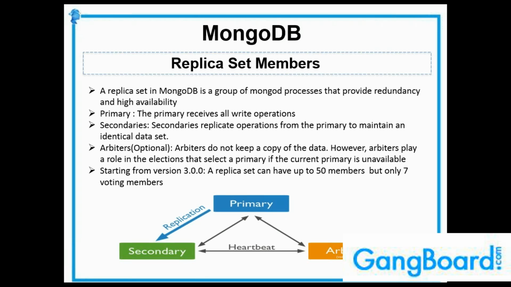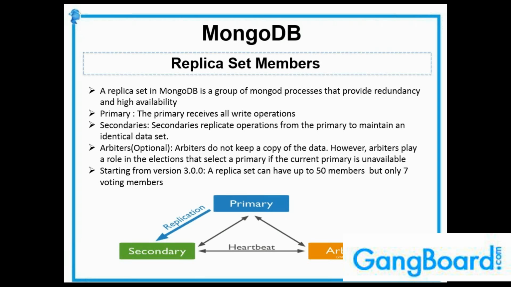It doesn't need memory and it doesn't need a data directory. It's just a dummy instance running in the web server. If the primary goes down, it will participate in voting. You can run this arbiter on the primaries or secondaries as well.